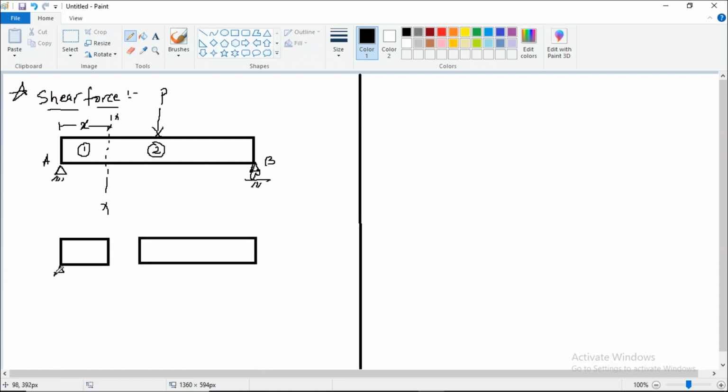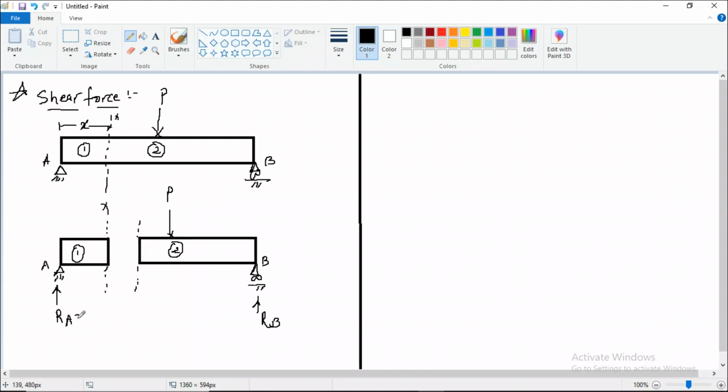So here we have a support, this is point A and this is a section XX line and this is again a section XX line of part 2. So this is first part, this is second part, and here we have a roller support at point B. So at this point we also have a vertical reaction, that is RA, and here also we have a vertical reaction, that is RB, and there is of course a central point load P. So because of this central point load, the reactions will be divided equally.